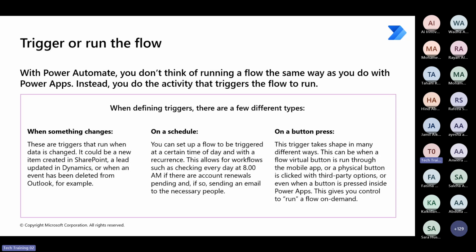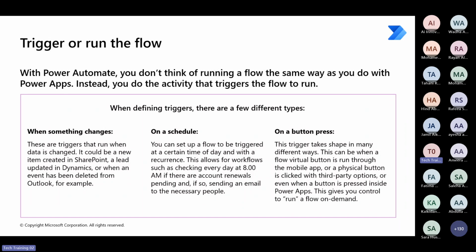Let's say I have a shared Excel with you, Ismail, or Fatima. I have an Excel shared with you on OneDrive, and I change the formula inside this Excel. So I can create an automation to notify the team that Tariq changed the formula inside the Excel.